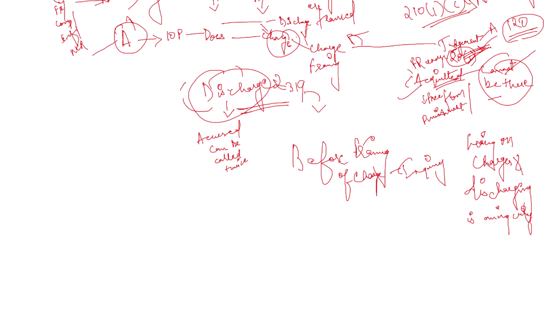Ma'am, one doubt. What about appeal cases after acquittal? Apart from the appeal. This is apart from the appeal. Appeal is filed by the opposite party, right? Yes, ma'am, that is different.